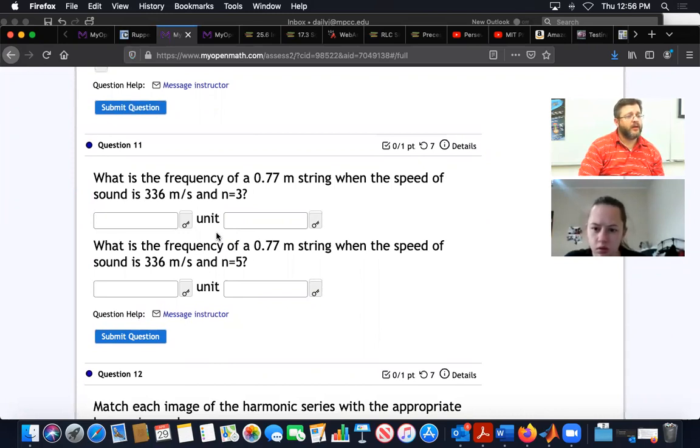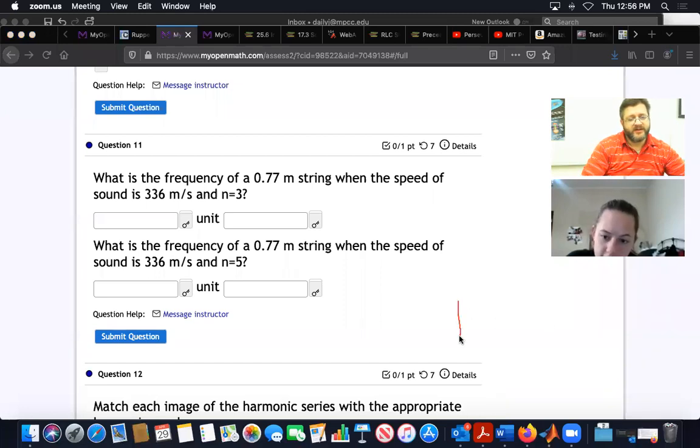So this one is a string. When a string makes a sound, it's tied down at both ends, right? Yeah.